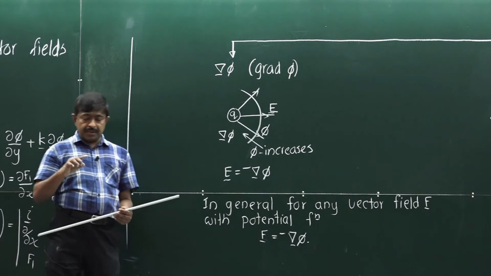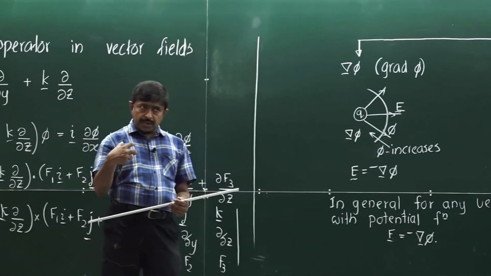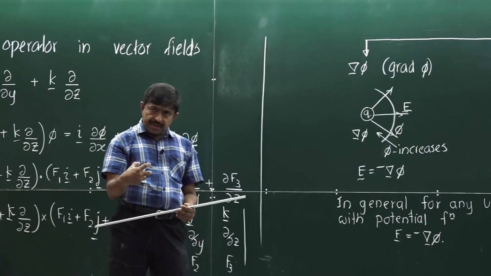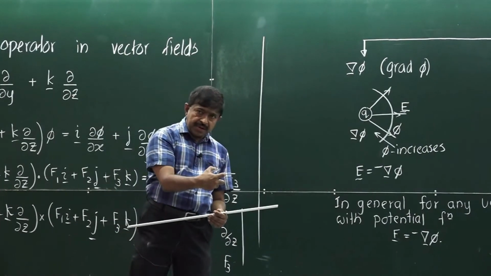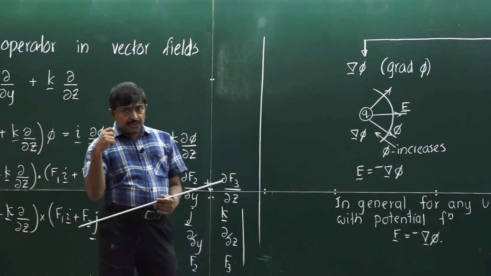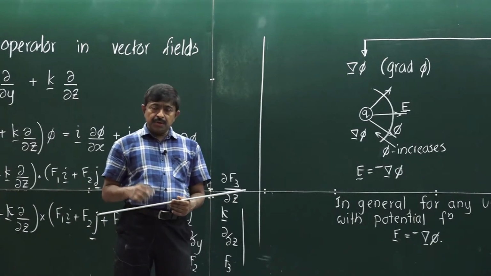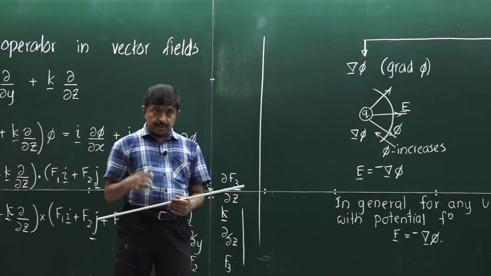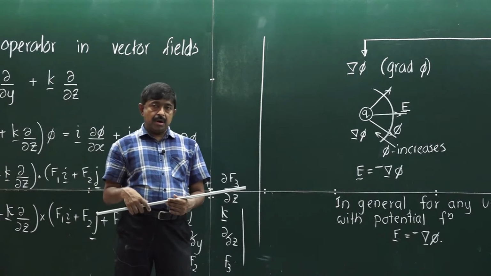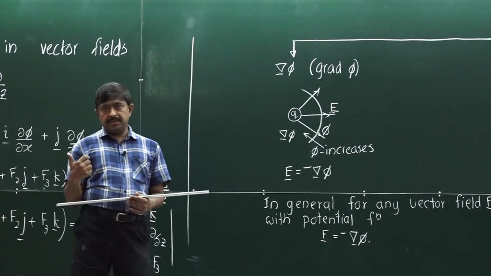For example, in the previous video, we went through the gravitational field, electric field as well as the magnetic field. In the case of gravitational and electric fields, you can attach a potential function. However, in the case of a magnetic field, you cannot do that.